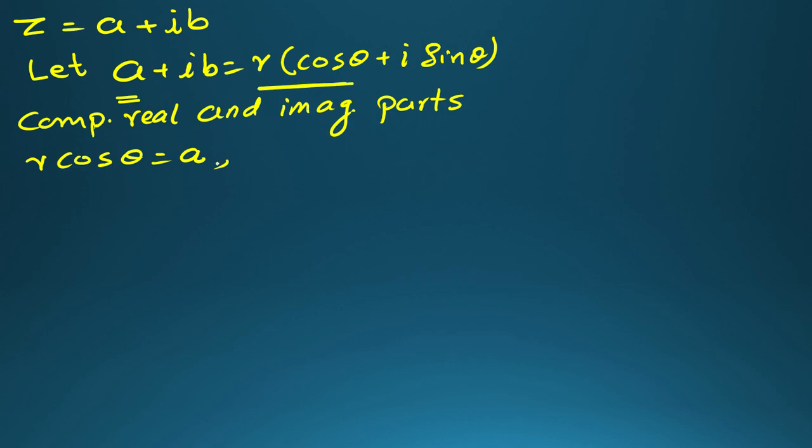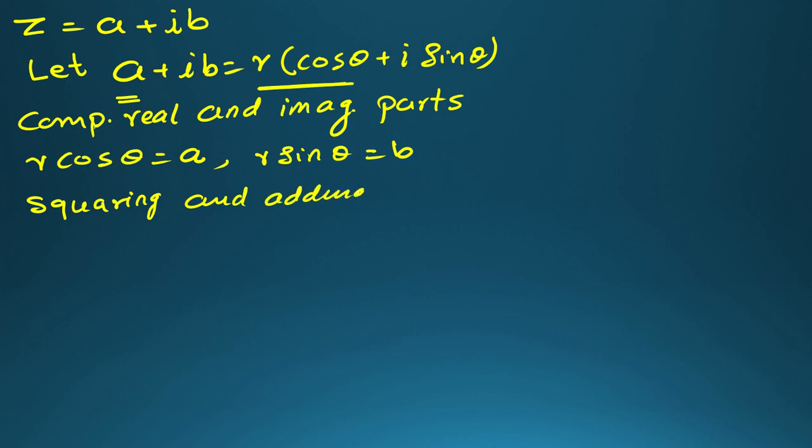So r cos theta is equal to a and r sin theta is equal to b. Now what am I going to do with these two equations? Squaring and adding both sides. First I will square them and then add them.